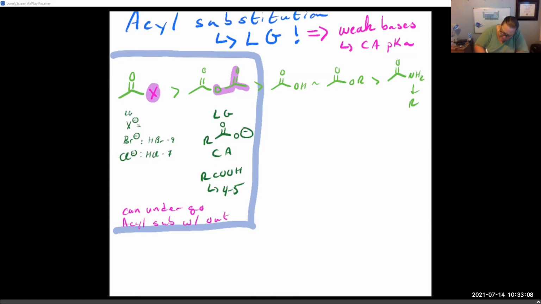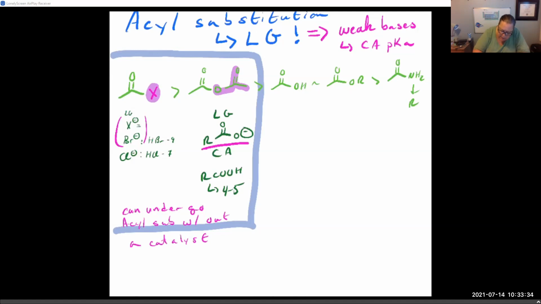Without a catalyst, right? Because why? Their leaving groups are conjugate bases of acids. They don't even need to be a strong acid. We know that carboxylic acids are not strong acids, but we know that the acetate anion or carboxylate anion is pretty stable.